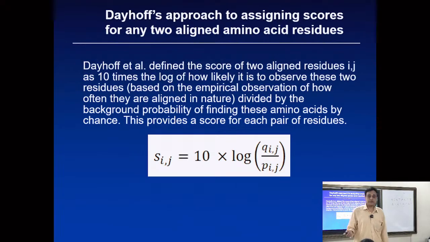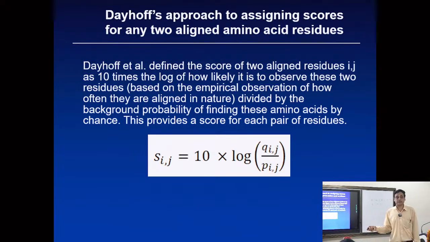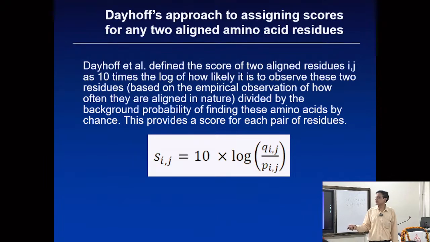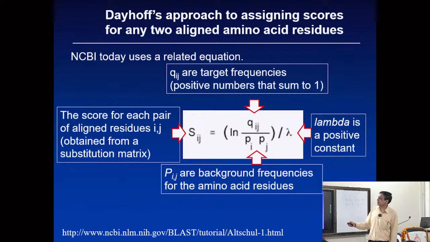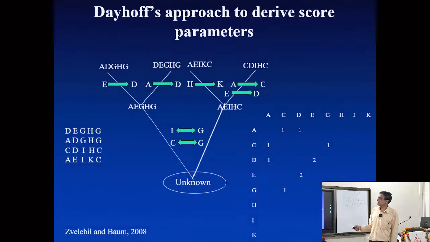Take the logarithm of this. This is the log odds ratio, and this is the score. So the values were derived using this formula. We'll not go into this.